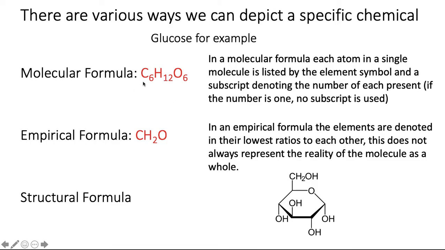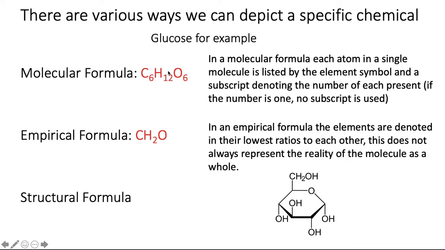So in one molecule of glucose, I have 6 carbon atoms, 12 hydrogen atoms, and 6 oxygen atoms. So I have 6 times as many atoms of carbon as I do molecules of glucose, because I have 6 carbons for 1 molecule.